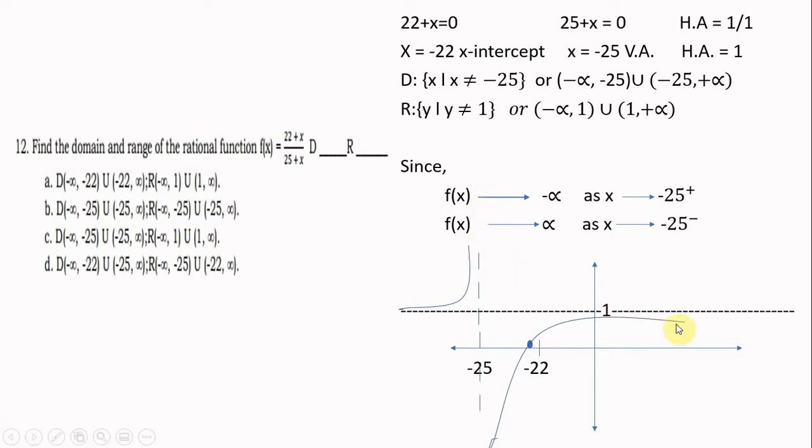But when the value of x is coming from the right of negative 25, the graph decreases infinitely. To illustrate, f of x approaches negative infinity as x approaches negative 25 from the right, and f of x approaches positive infinity as x approaches negative 25 from the left. So therefore, this is the range and the domain.